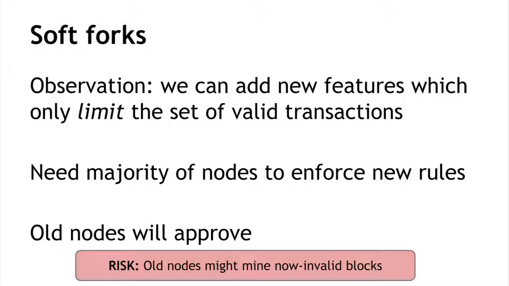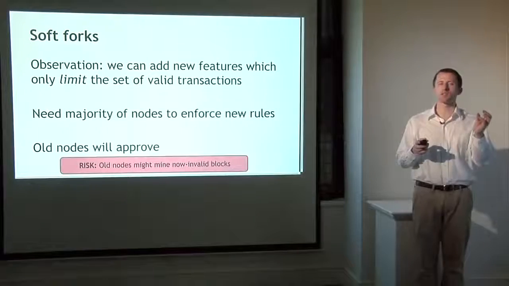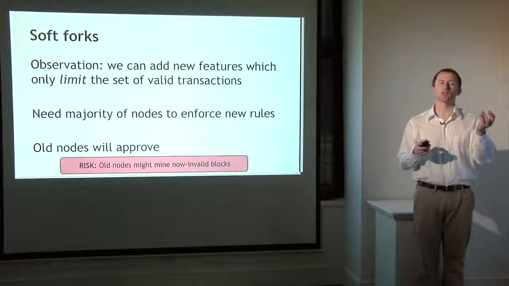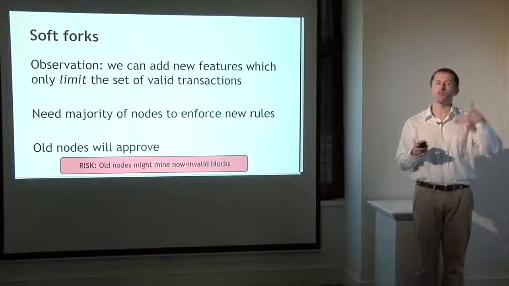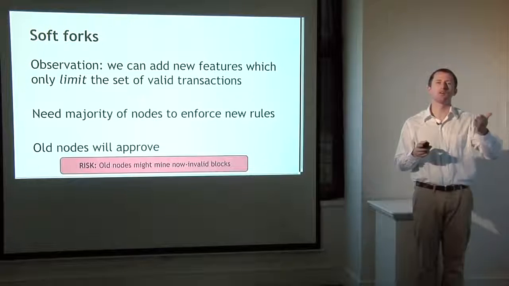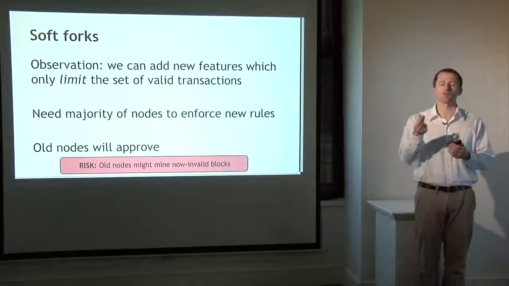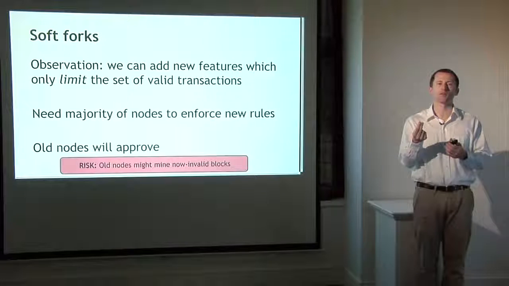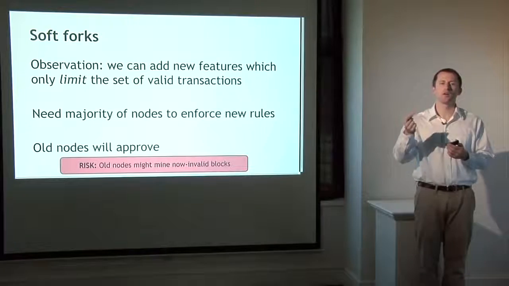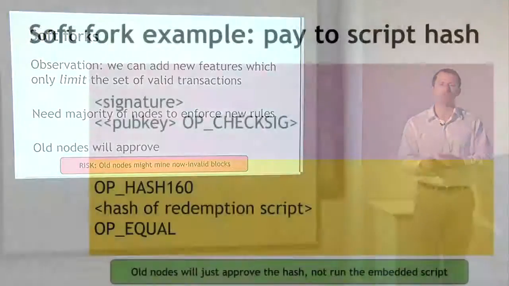The old nodes will at least figure out that for some reason, even though I don't understand the reason, the rest of the network has rejected my new block. Therefore, I should move on to the version of the blockchain that all of my peers have, and it won't be a hard fork. They'll have a temporary fork by virtue of the new block they tried to mine that was rejected by the network, but they'll recover and get back onto the main chain.